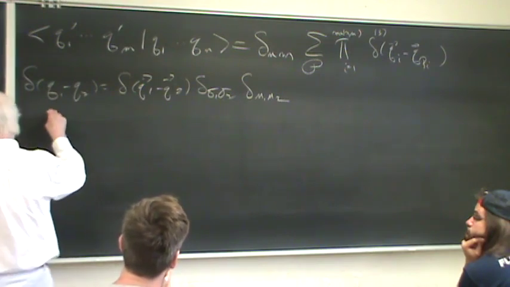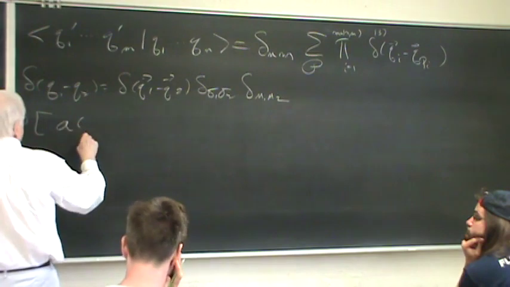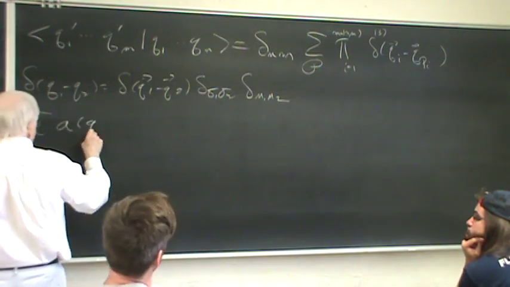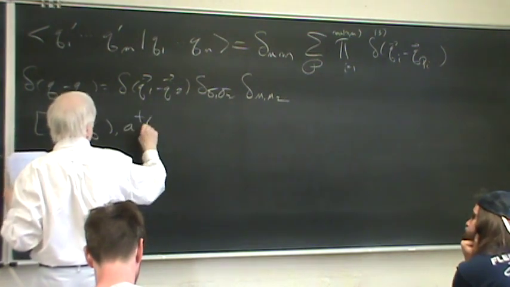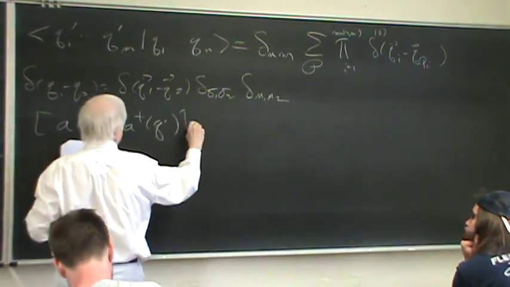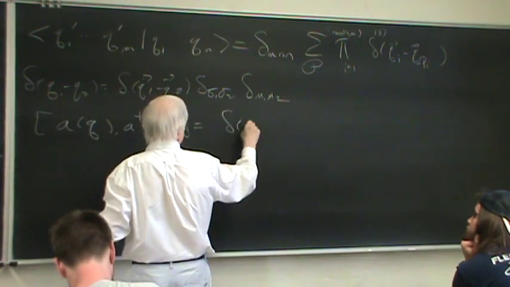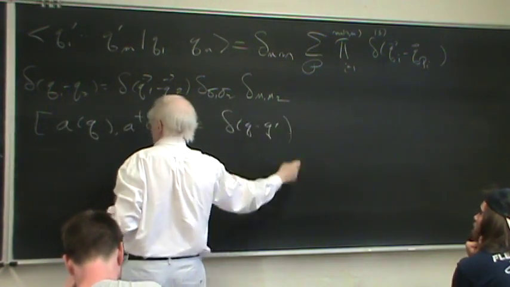In any event, for bosons one has A of Q, a dagger of Q prime is delta of Q minus Q prime.